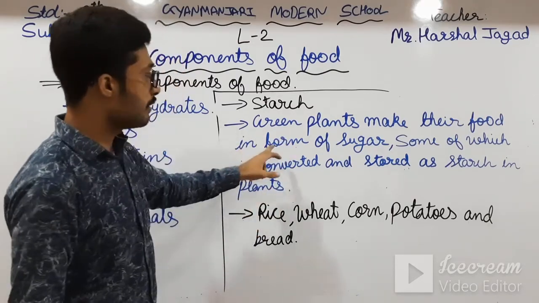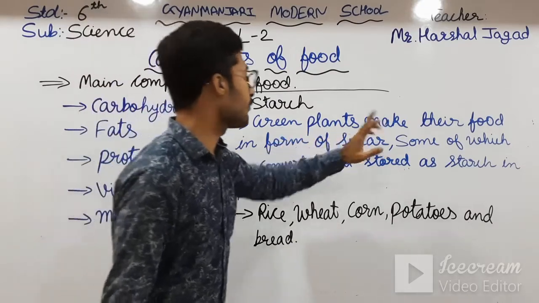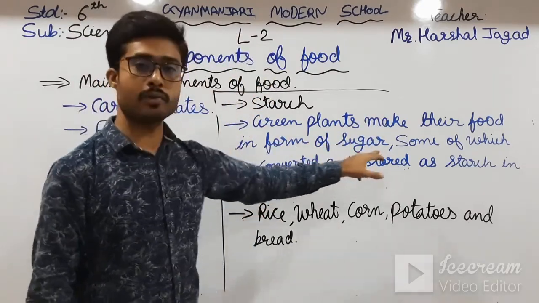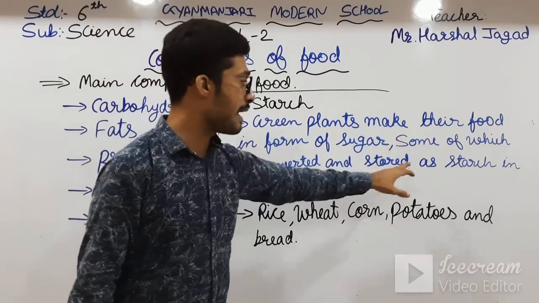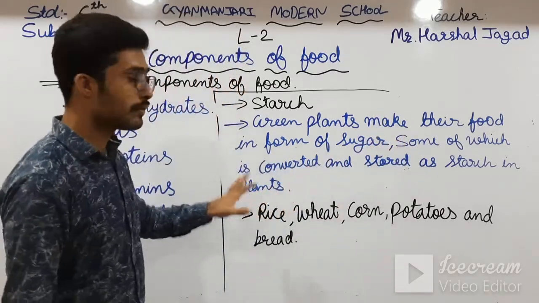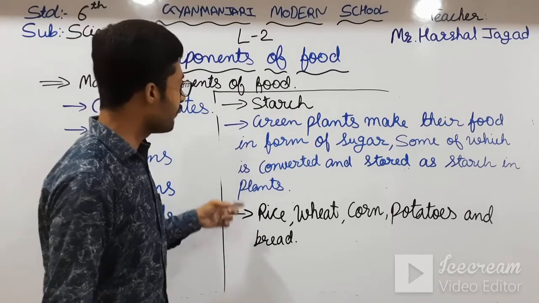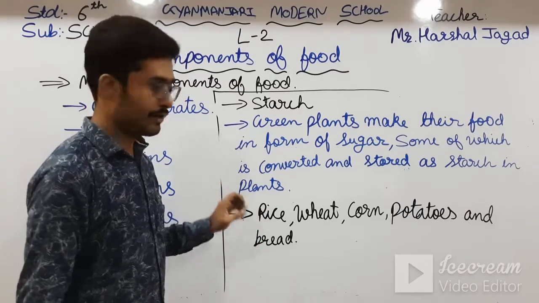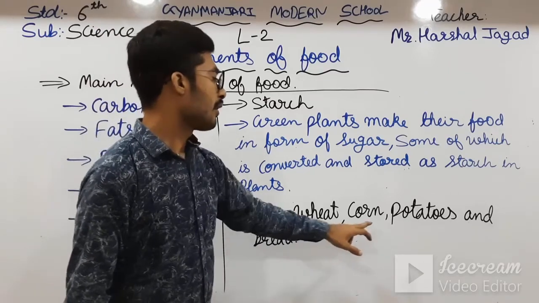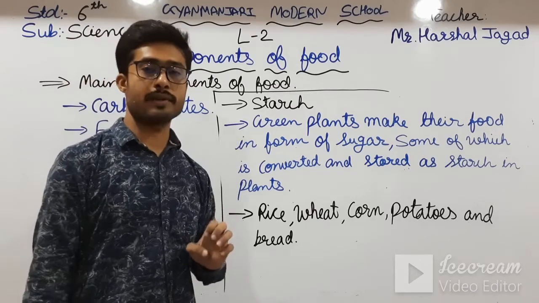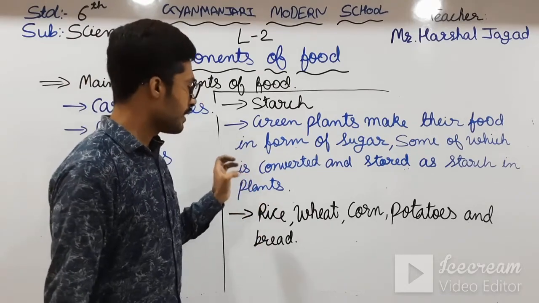So green plants make their food in the form of sugar, and some of which is converted and stored as starch in the parts of the plants. Okay, students, and then we have seen the main sources of the starch: rice, wheat, corn, potatoes, and bread.